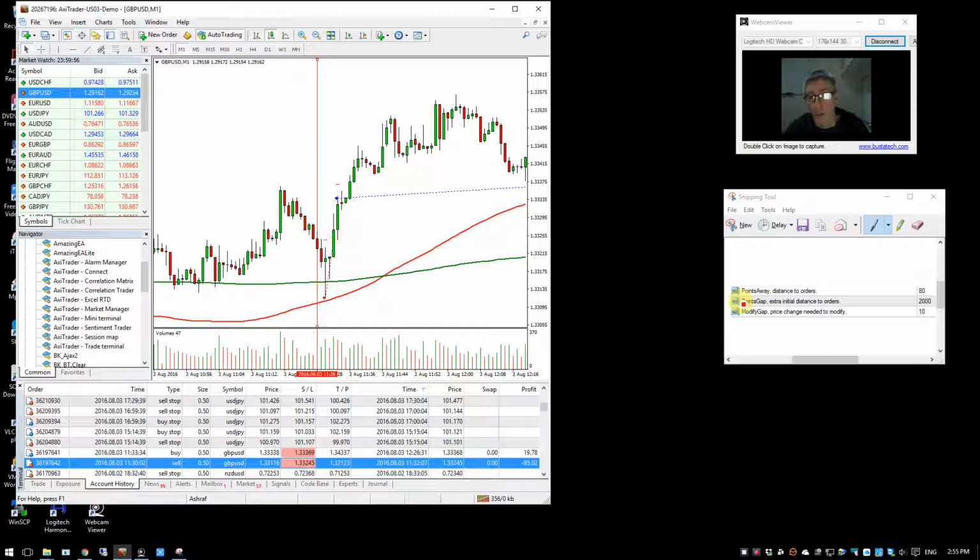So I set up this PointsGap thing in AmazingEA. So the idea is you can open your orders 20 seconds, 30 seconds before, and have them set quite far away. And then 5 seconds before the news, the orders are modified and brought in close to price.